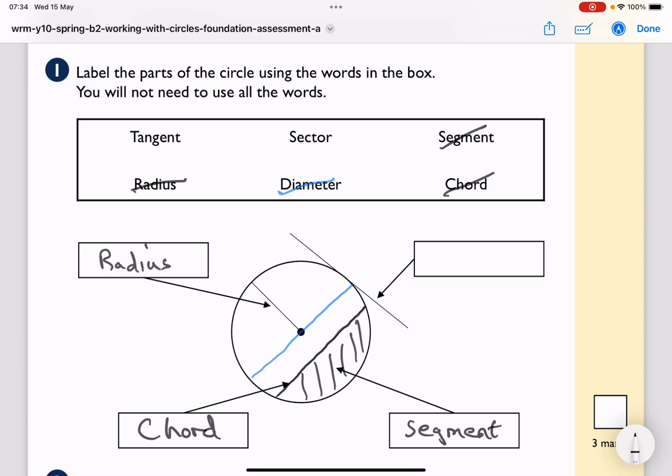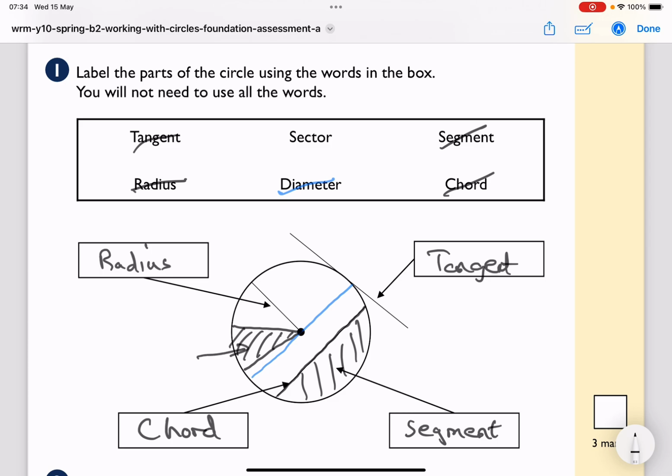The tangent is the line that touches the edge of the circle but doesn't cut through it. And the final thing that isn't on there is a sector, and a sector is like a piece of the circle that is made from two radii, and it's this sort of like piece of pie idea.